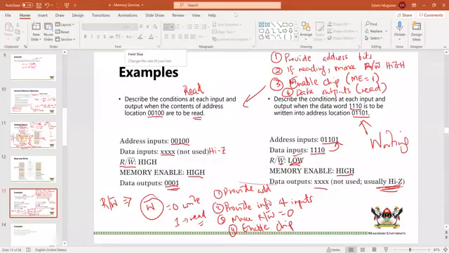You can also write it as write enable. Okay. If it is 0, write. If it is 1, read.